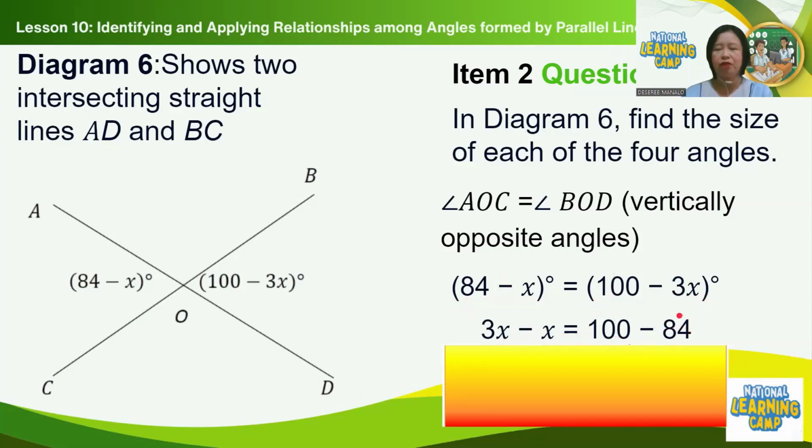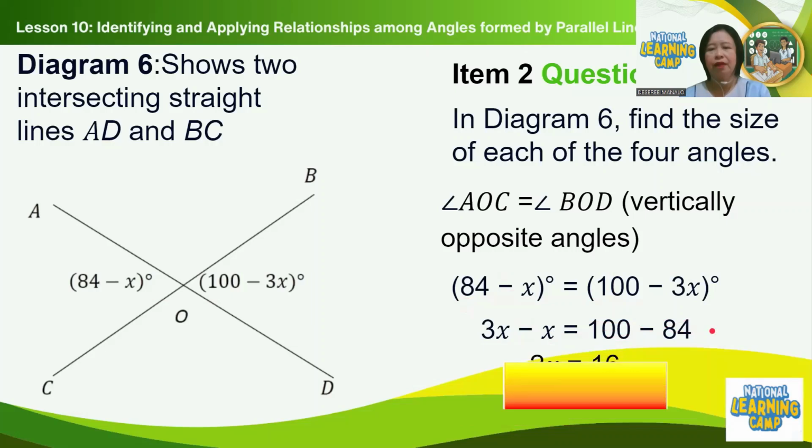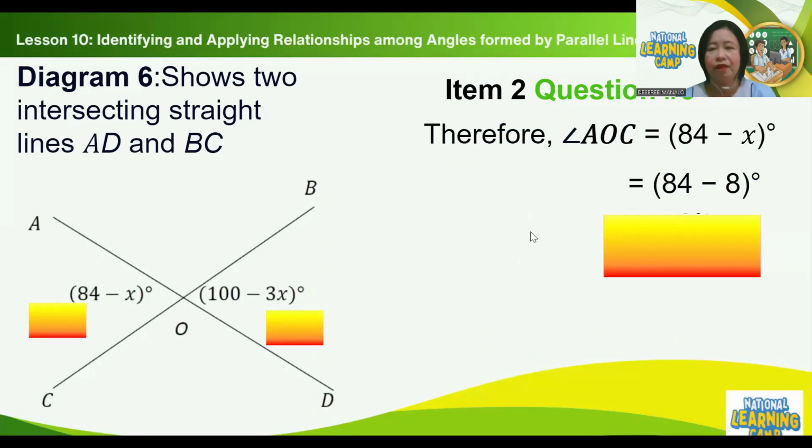Or you can use the addition property of equality. Now, we have 2x equals 16, since 100 minus 84 is 16. And then we got 8. Why 8? You divide 16 divided by 2. So the value of x is equal to 8.